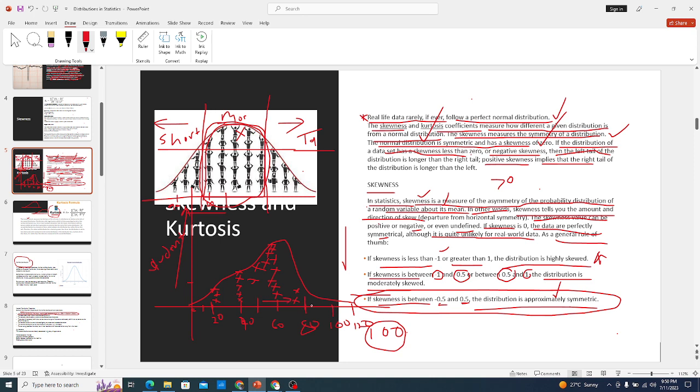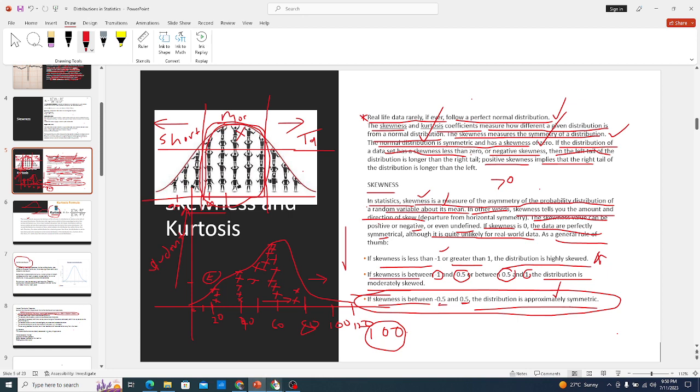Then we'll have a few students with extremely small weight, and also others with extremely high weight. So basically, what you keep on the x-axis is the variable you are trying to plot against the total number of students.